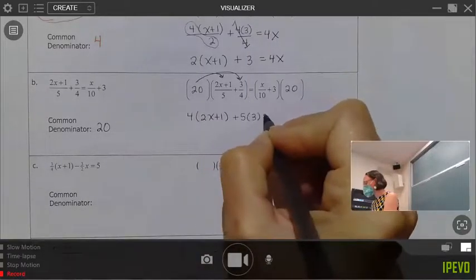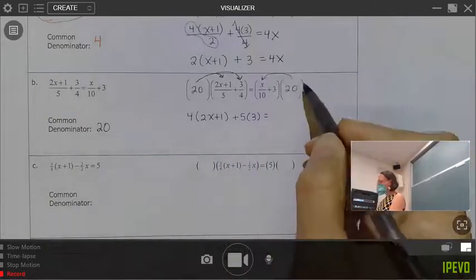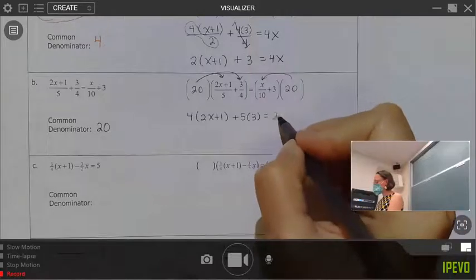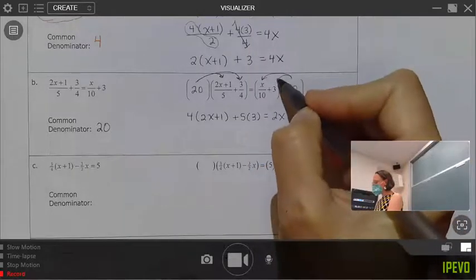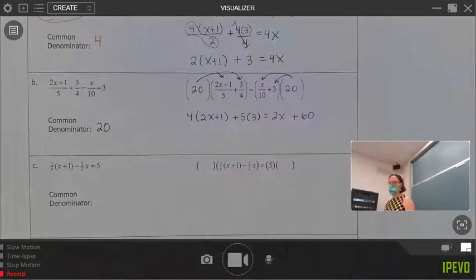So I'll have 5 times 3. Distributing in here, 20 divided by 10 is 2. So that's a 2x. And 20 times 3 is 60. Now that we got it that far, I will give you a minute to solve that, to make it say x equals something.